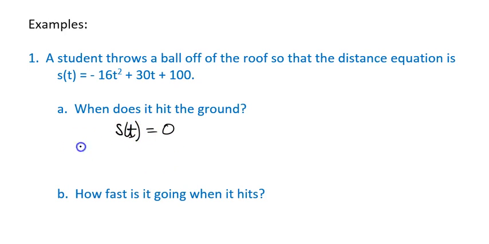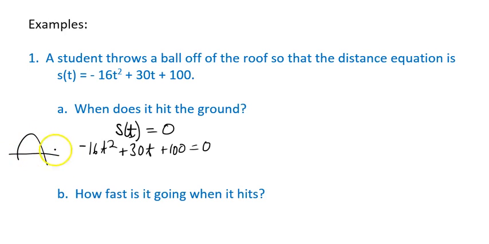So I'm going to take that negative 16t squared plus 30t plus 100, and I'm going to set that equal to 0. And since this is a quadratic, I have options. It may factor, you can use the quadratic formula, or in our case, what I'm going to have you do is just graph it and find the zeros. And so obviously it's an upside down parabola. We're just finding where it crosses the x-axis.